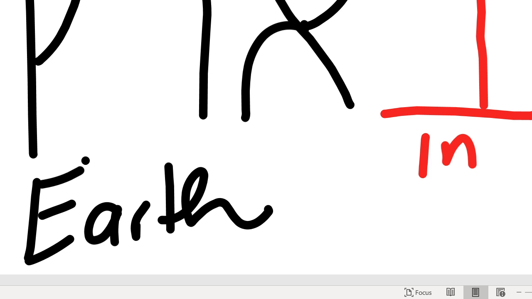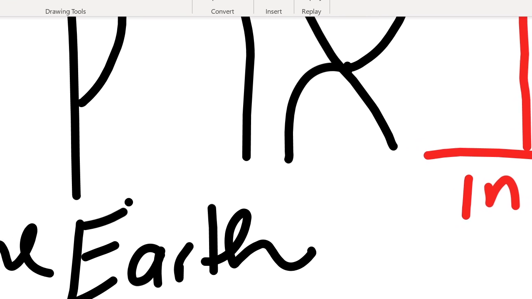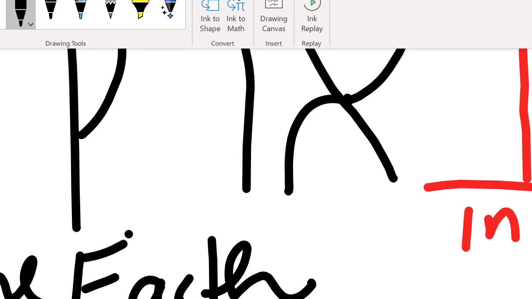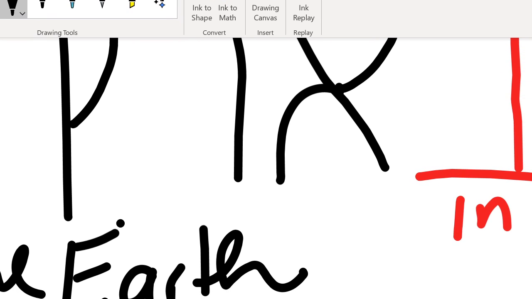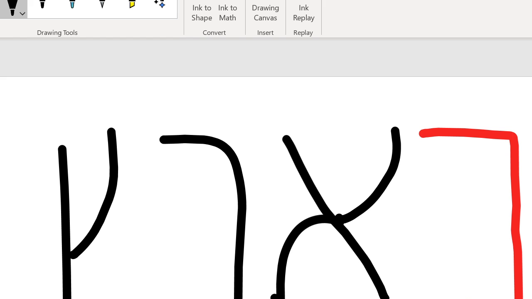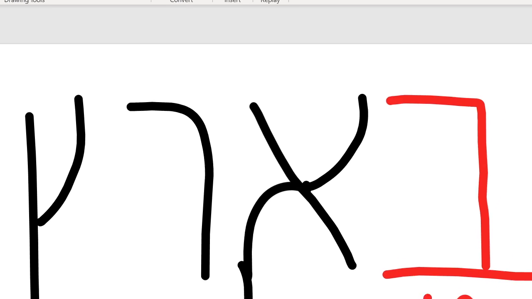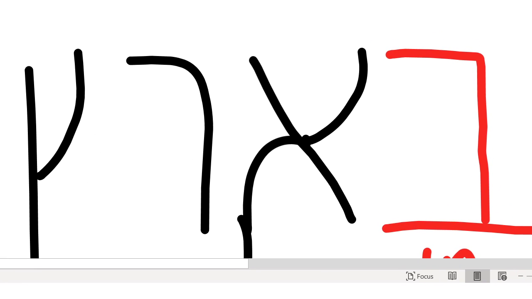So this is going to be translated as in the earth. Now, it took up a lot of space, so you're not going to be able to see all of it at once. Let me just scroll up. Ba'arataza, in the earth.